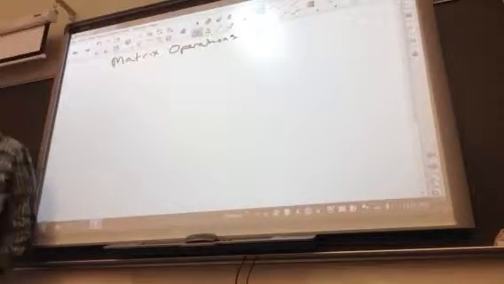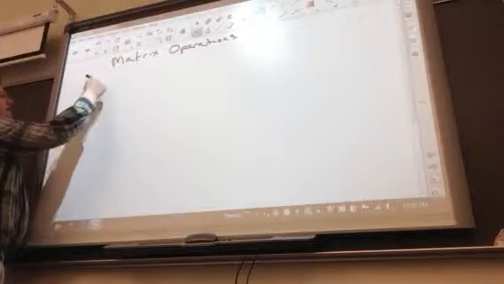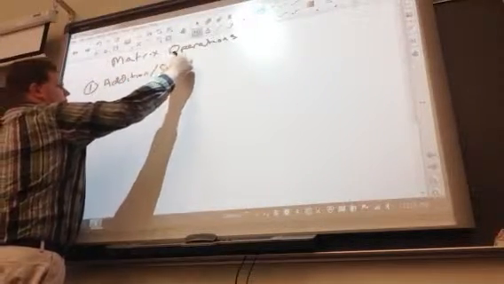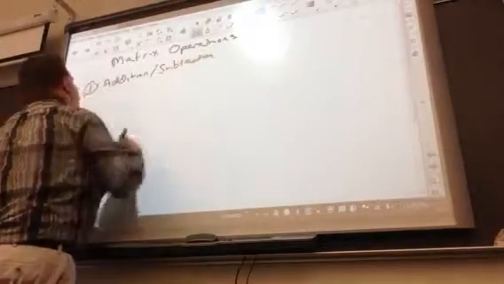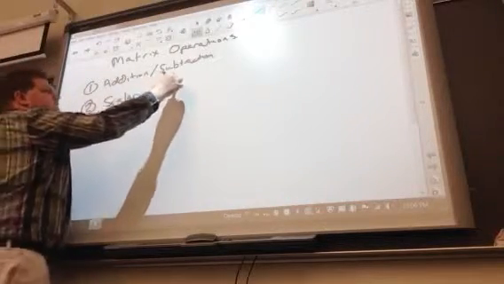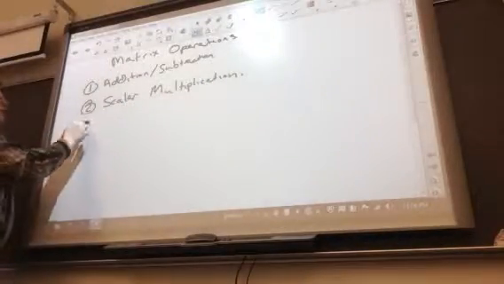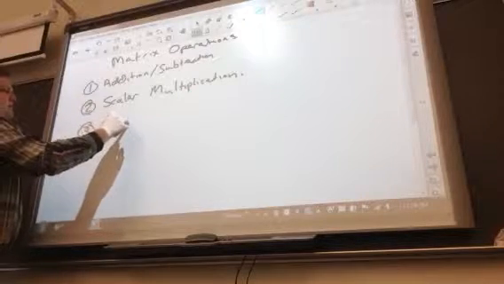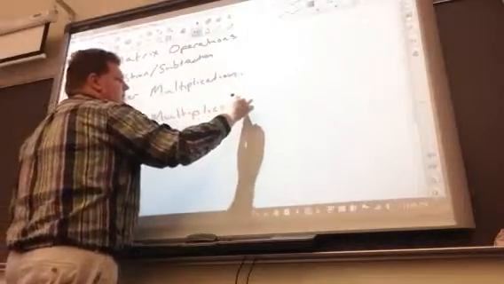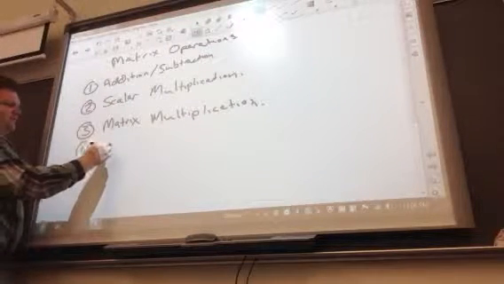Matrices are kind of like vectors in that there's a bunch of different things you can do with them. The basic operations are going to be addition and subtraction, scalar multiplication, a special one called matrix multiplication, and one that's unique to matrices called transposition.